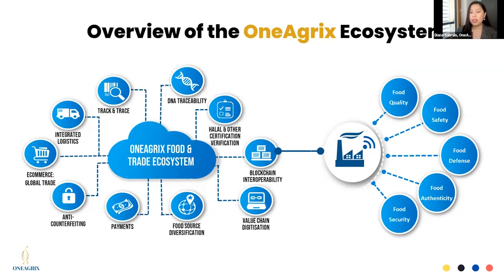So when we created this ecosystem, we asked ourselves, okay, let's move from physical trade to digital trade. And from there, what are the issues? Obviously, data is the first thing. In a B2B e-commerce environment, how sure are we that the food products are from halal certified manufacturers? How sure are we that it is really what it says in its packaging?